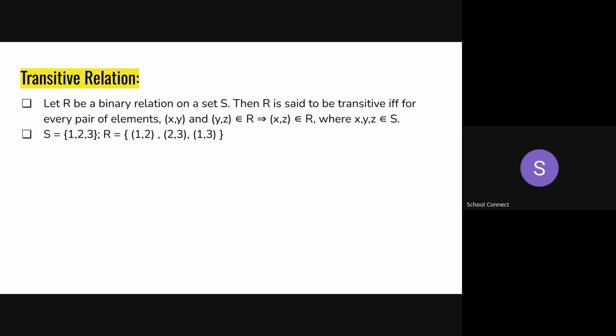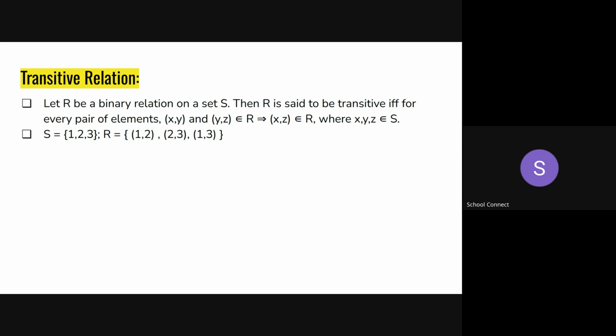Okay. So for example, here you see set S which contains 1, 2, 3, and I define a relation R which is like this. It contains (1, 2), (2, 3), (1, 3). Now if you stare at the 3 pairs we have in R, the first pair is (1, 2) and the second element is (2, 3). So now you can see this is of the form (x, y) and (y, z). See, if there is (1, 2), you have (x, y).